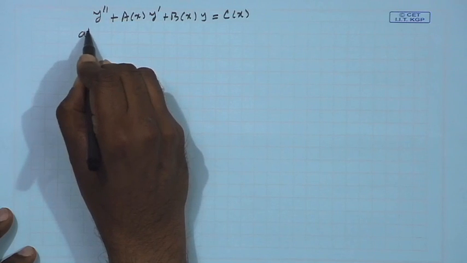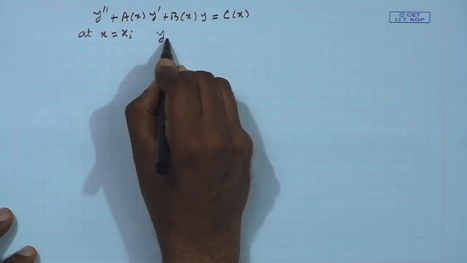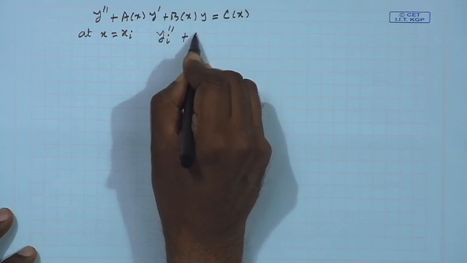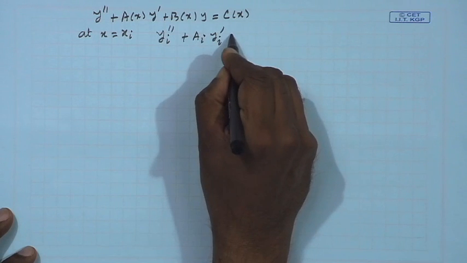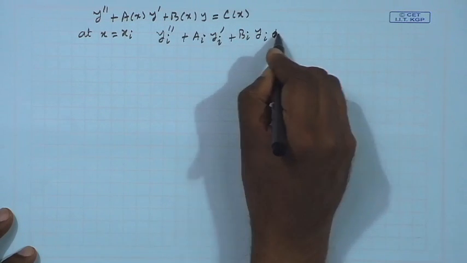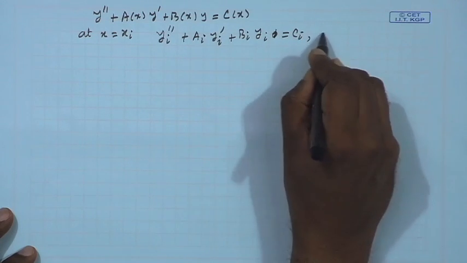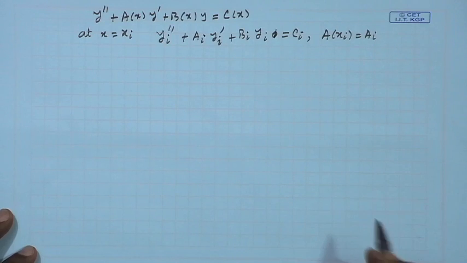So, at any grid point x I, we have y I double dash plus a I y I dash plus b I y I equal to c I, where we denote a x I equal to a I and so on.